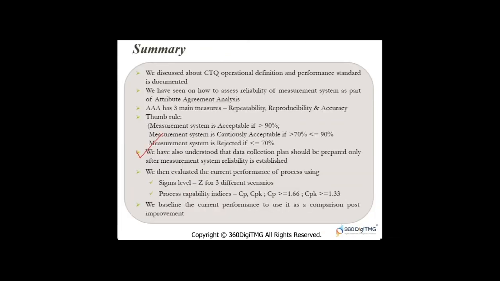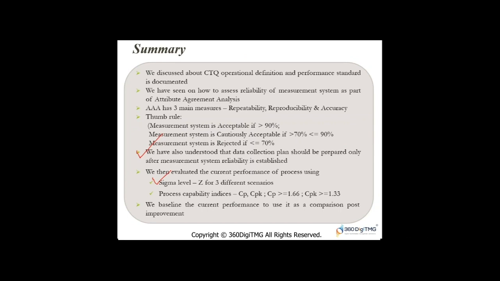We have also understood that data collection plan should be performed only after the measurement system reliability is established. If we feel that the measurement system is reliable, then we move on to calculate sigma level. For continuous data, we calculate in a different way.